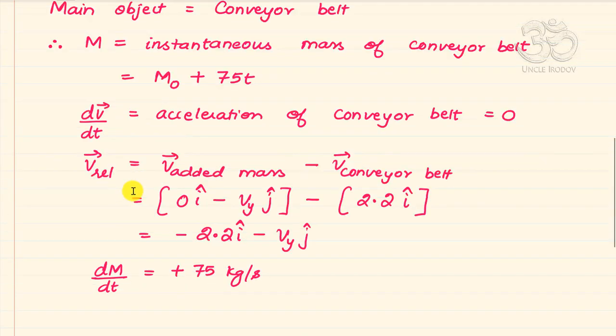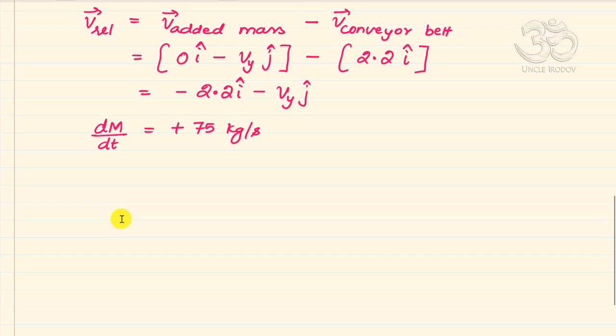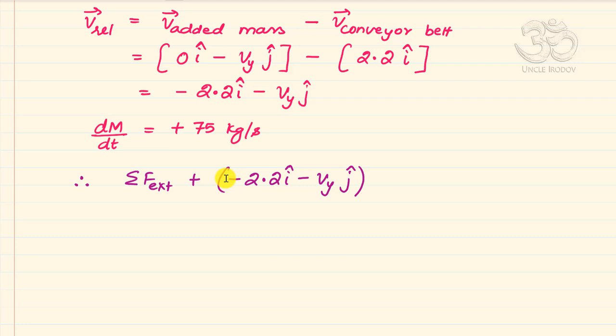So summation of F external plus VREL. VREL is this entire term. So minus 2.2 i cap minus Vy j cap times dm by dt. dm by dt is plus 75.